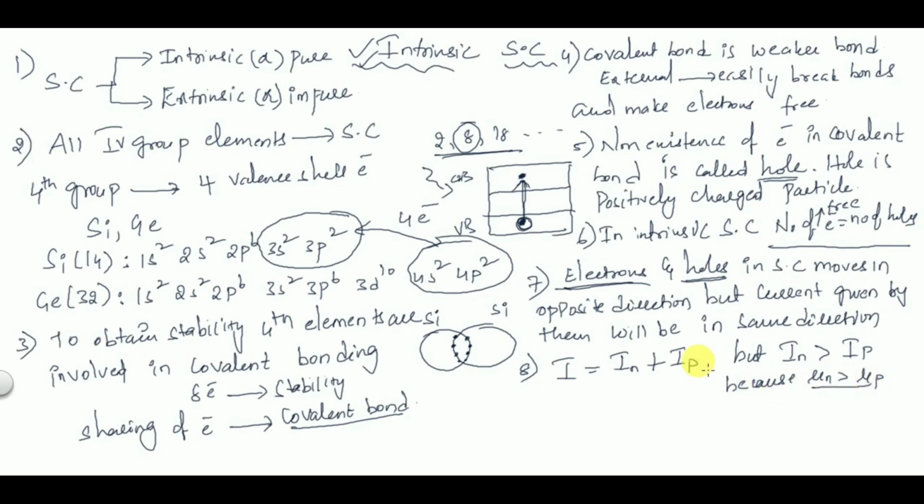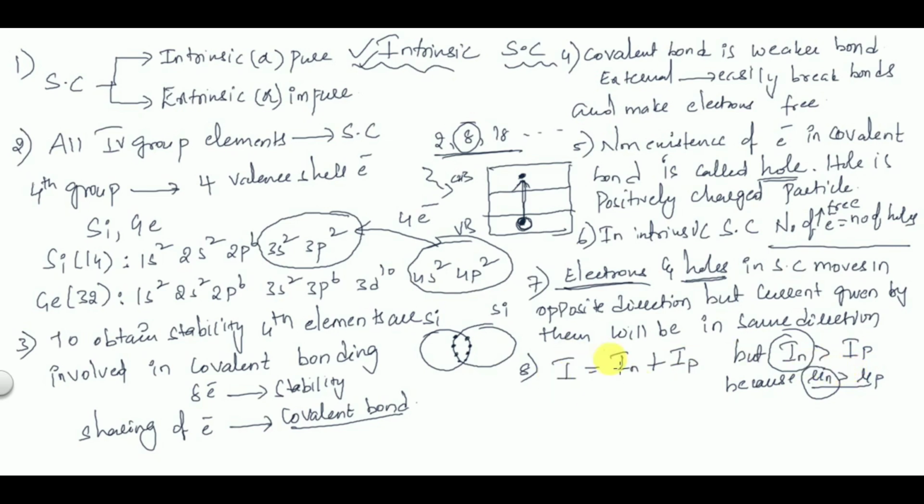Mobility represents how fast a charge carrier moves inside a semiconductor. We will learn about mobility in a separate video. Until then, remember that even though I is equal to In plus Ip, In is always greater than Ip because electrons travel faster. A fast moving charge particle produces more current. Since the mobility of electron is more than that of hole, the current due to electron is also more.